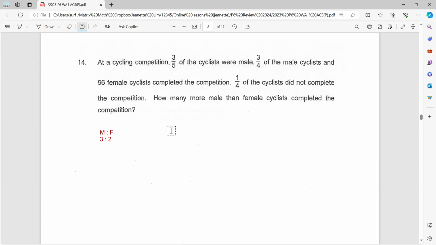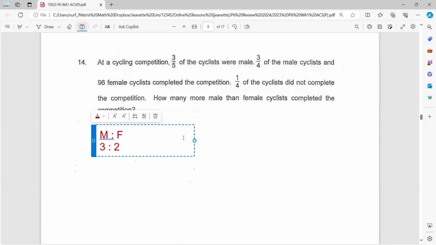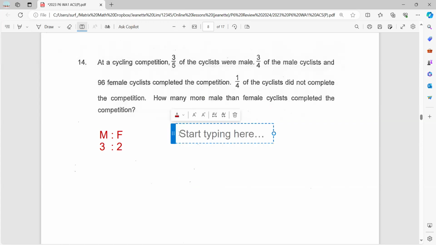And then the second ratio. Hold on, let's make this bigger. Three-quarters of the male cyclists completed the competition. So if we are talking about the male cyclists that completed the competition versus those that did not, the 4 units is referring to the total number of male cyclists.